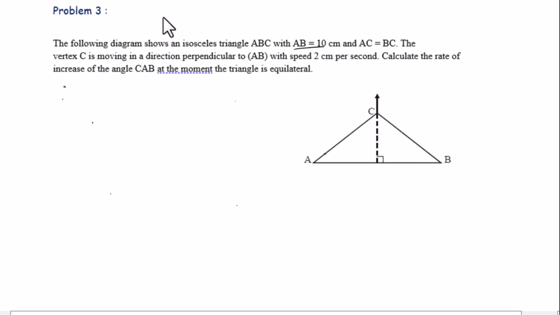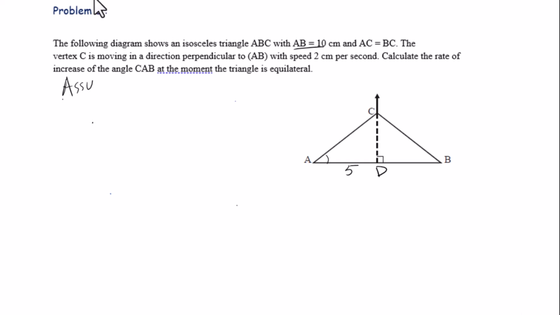AB is always 10. Let's label this D. So AD is always 5. Assume CD equals x, AC equals y, angle CAB equals theta.